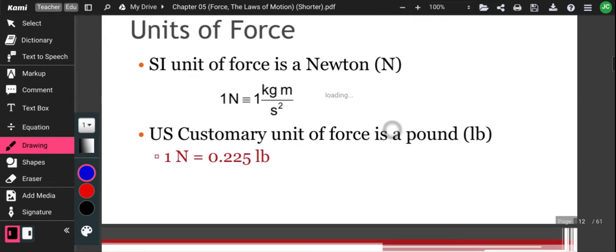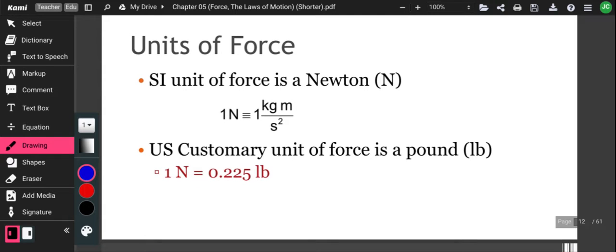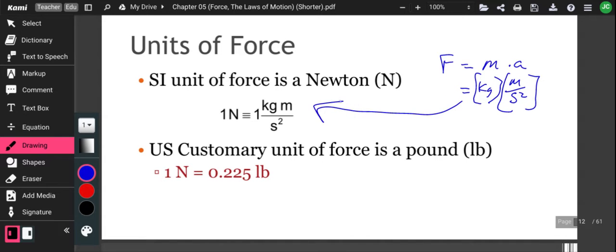The units of force, because force in this form is equal to mass times acceleration, would be a kilogram for the mass and a meter per second squared for the acceleration, leading to a kilogram meter per second squared. We define that idea of a kilogram meter per second squared as the newton.